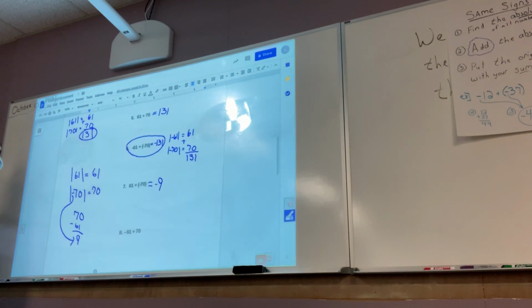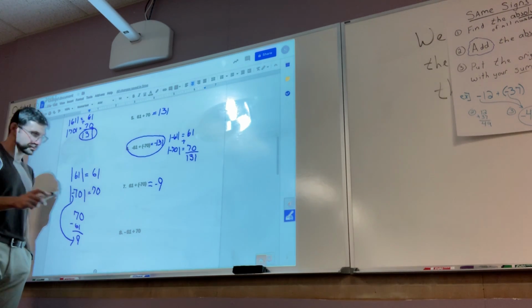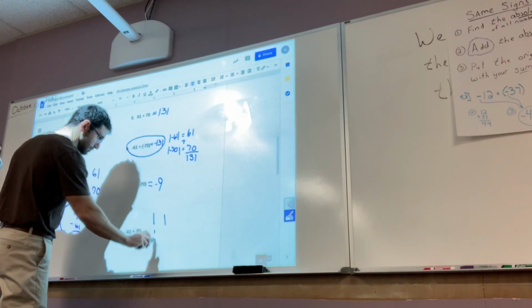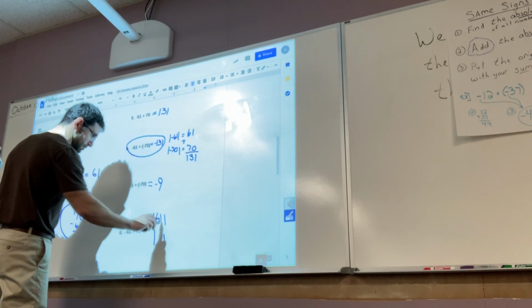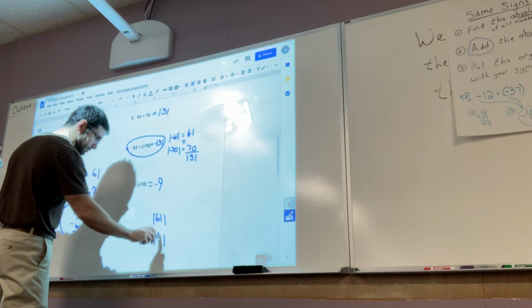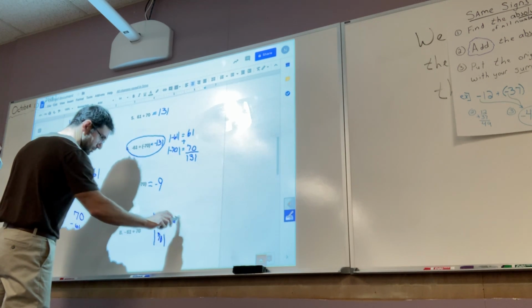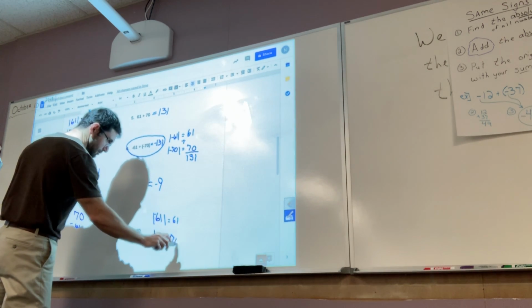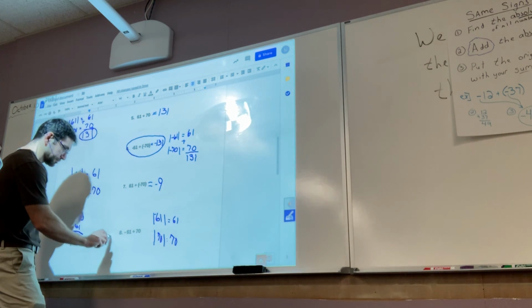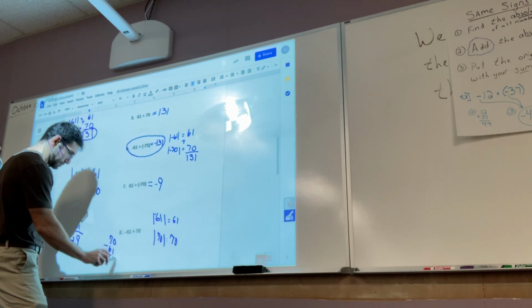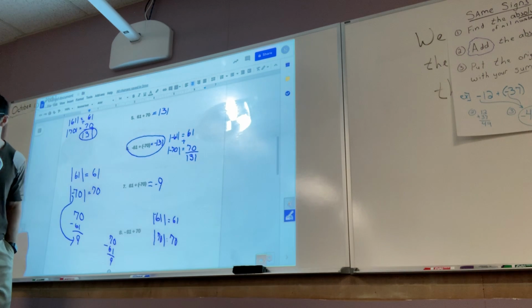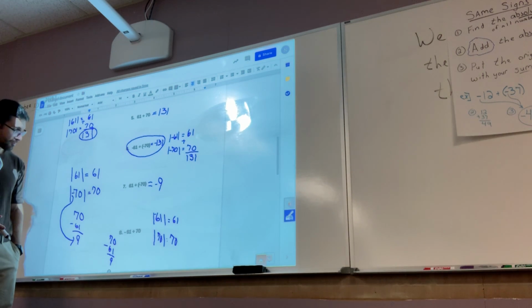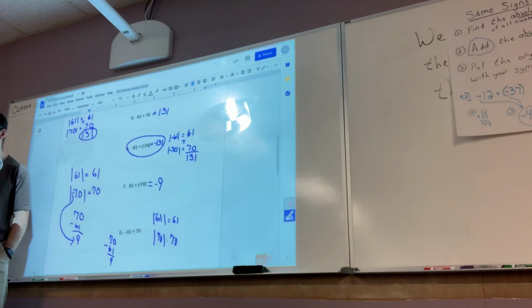Okay, last but not least. Need some hands. Go ahead, Abs. Find the absolute value of -61, and now we equal 61. Then you find the absolute value of 70, and now we equal 70. And you subtract both of them, and now we equal 9. When I subtracted them, it gave me 9 over here.